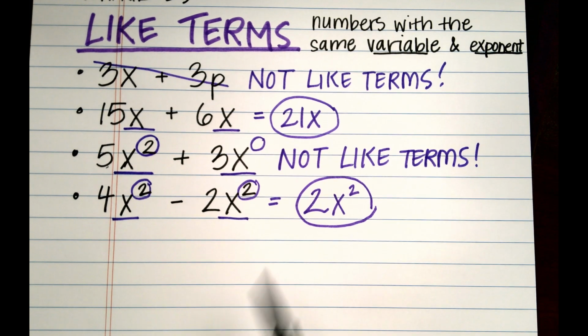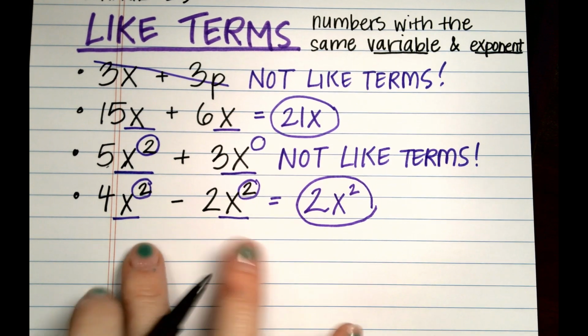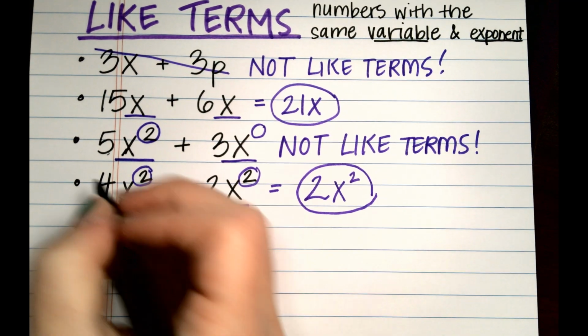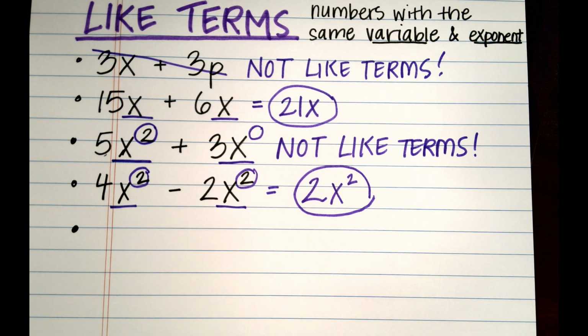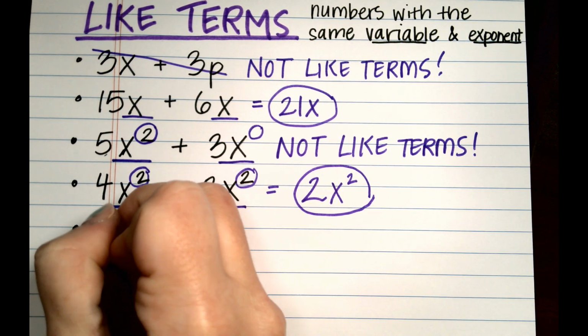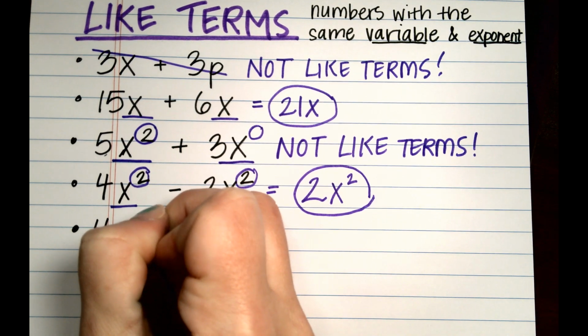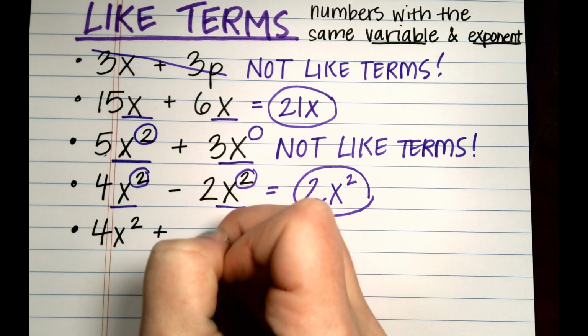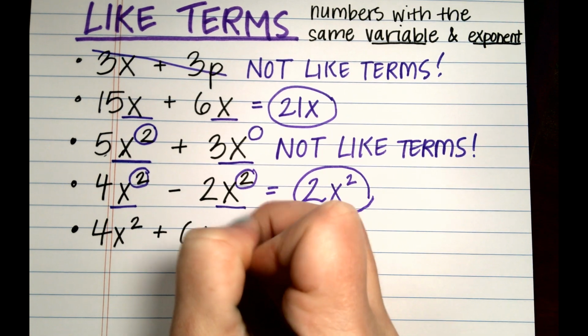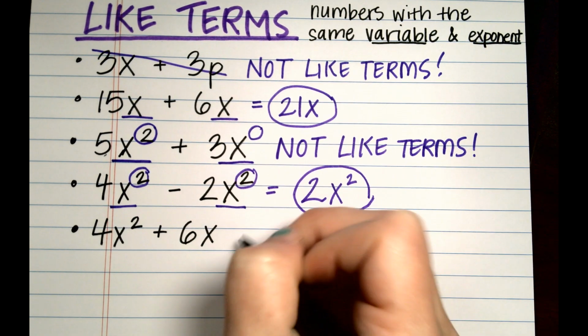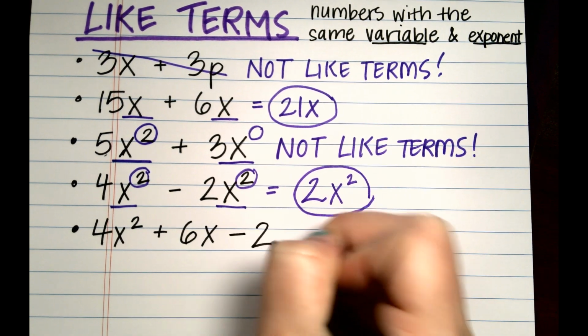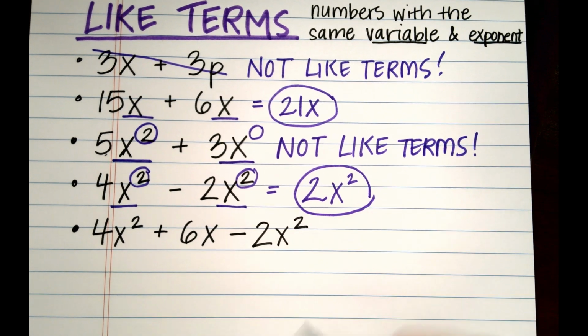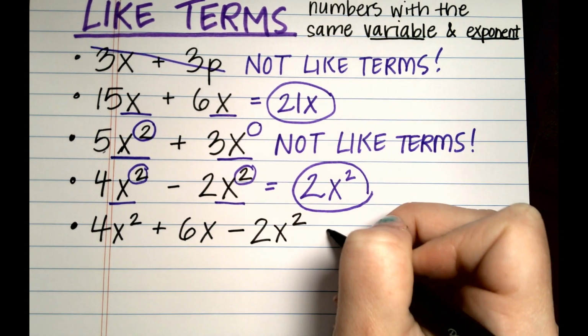Now let's look at what would happen if we have more than just two terms. For example, let's say now we have 4x squared plus 6x minus 2x squared plus 3x.